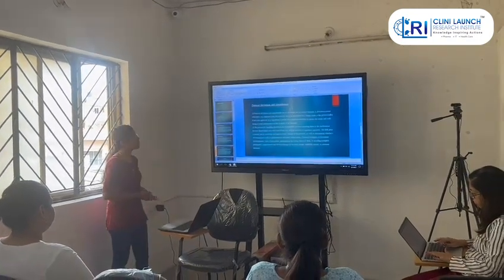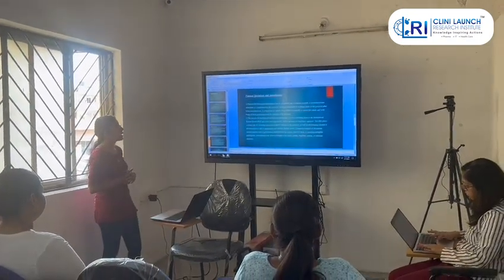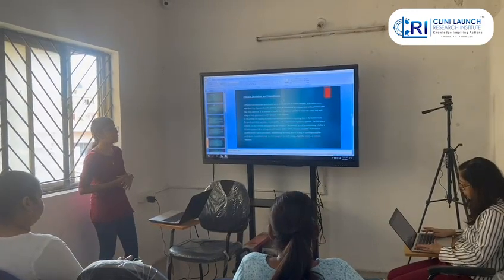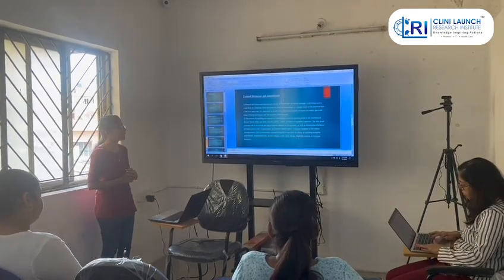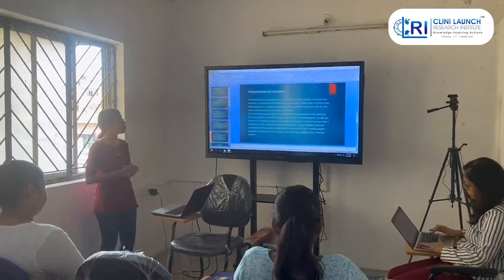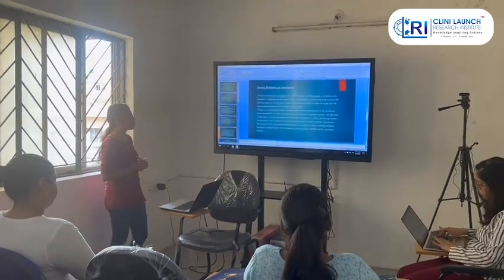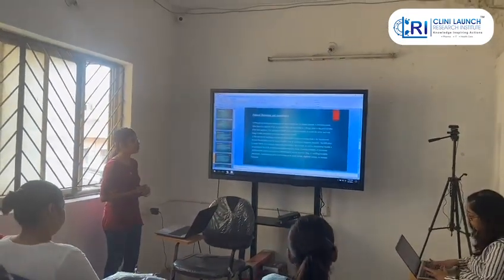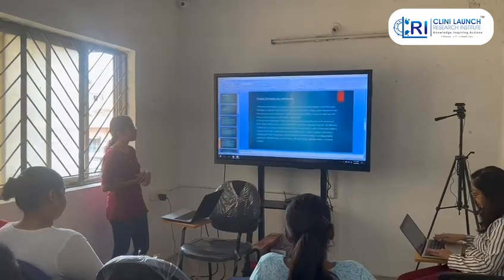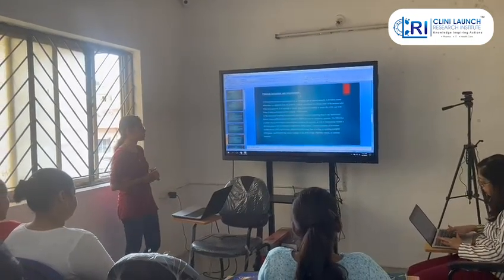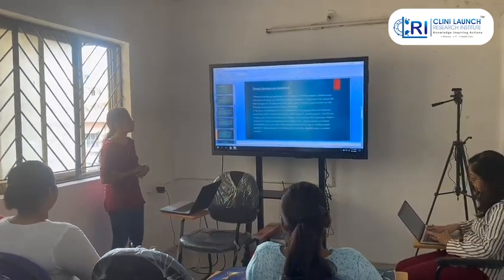Now, protocol deviations and amendments. A deviation occurs when there is a departure from the protocol, and an amendment is a change made to the protocol after it has been approved. It is important to handle these situations carefully to ensure the safety and well-being of the study participants and the integrity of the research.